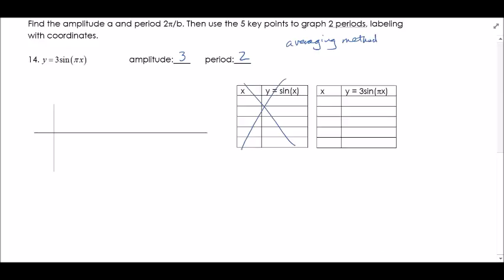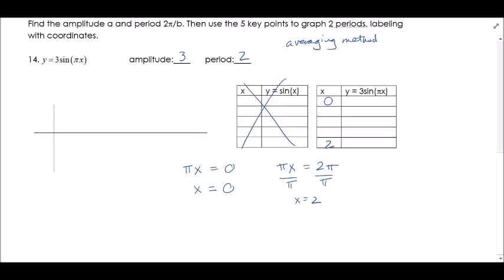What I'll do instead is to find the first key point, I'm going to set what was in the parentheses in my equation equal to 0, which is my normal starting x value, and solve that for x. So dividing both sides by pi, I get x equals 0. So x equals 0 is the first key point. Then I'll set the same expression equal to 2 pi, which is the original fifth key point x value on the untransformed graph, and then dividing both sides of that by pi gives me x equals 2. So x equals 2 is where the fifth key point lands.